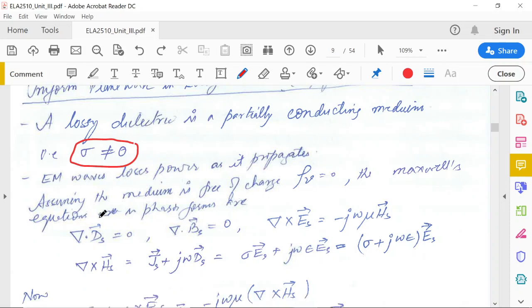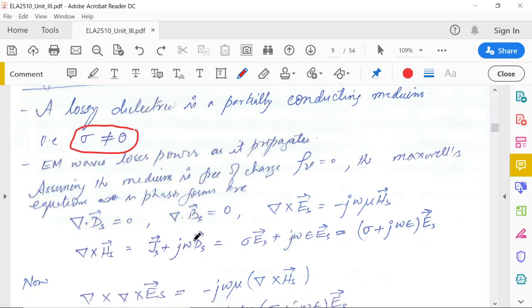We assume that the dielectric is still free of charges, that is, rho v equals 0. So the Maxwell's equations in phasor form will remain the same except for a change in this part. This is the same: divergence of Ds is 0 because rho v is 0, and here you have the same previous equation.